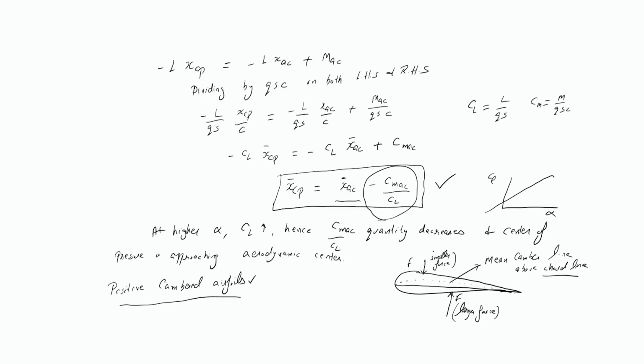So then what happens? This is equivalent to this, which is considered as the aerodynamic center. Here we have the net resultant force F, or total force. Remember, the positive cambered airfoil was even producing lift at zero angle of attack.